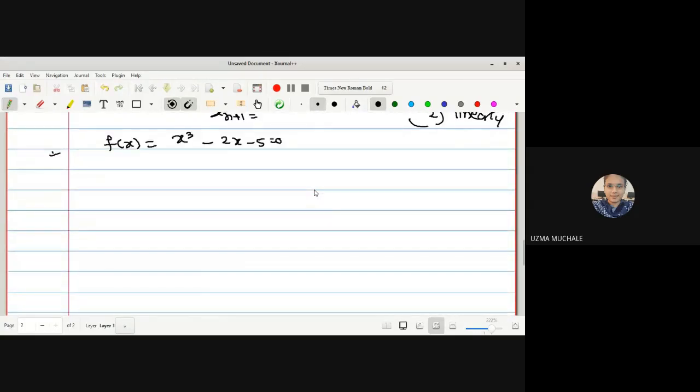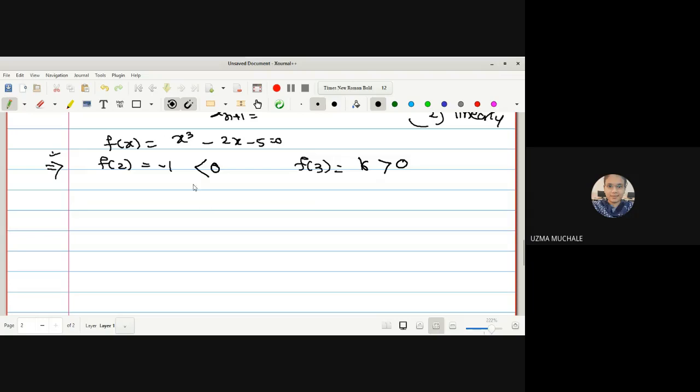Now, as it was an example for homework, I hope you have done it. f of 2 is equal to -1, and f of 3 we get as +1. So this is greater than 0 and this is less than 0.